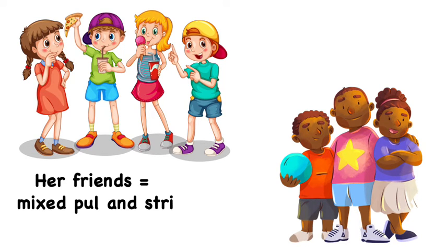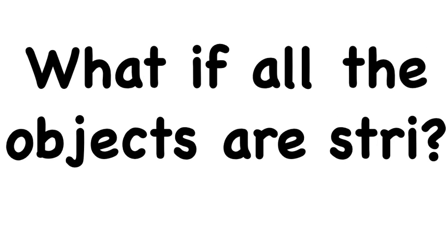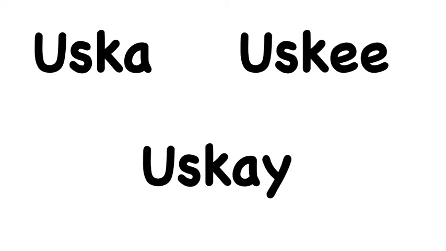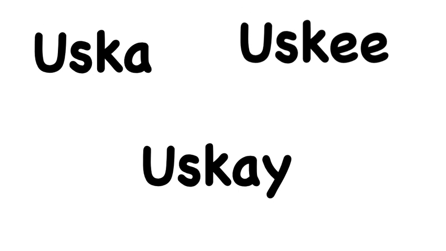Like we have her friends, and as we can see, her friends are made up of boys and girls. So in that case, we would use uske. We also use uske when all of the objects are pull. For example, her brothers. Brothers are pull. So all of them are pull, so we use uske. But what if all the objects are stri? Then we use uski.